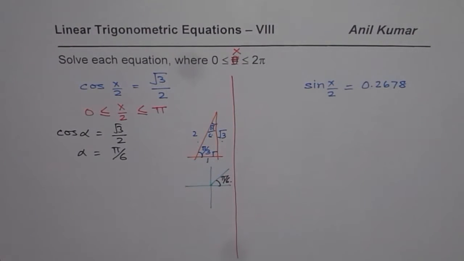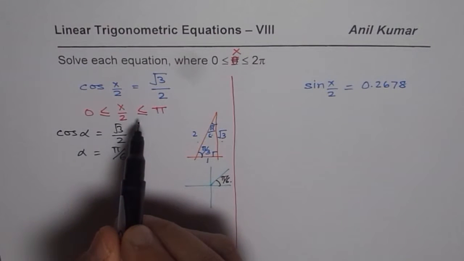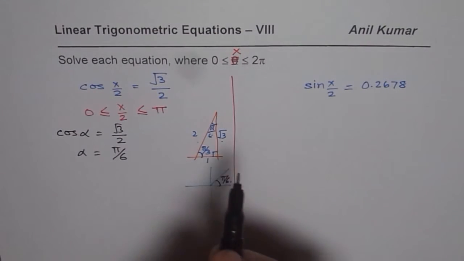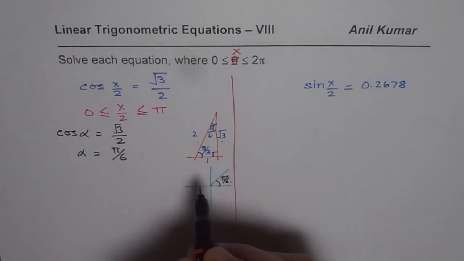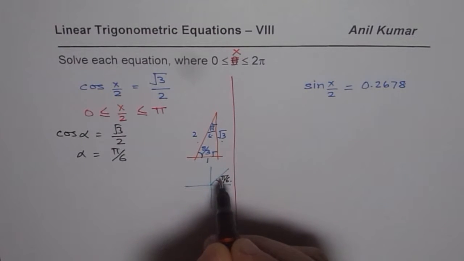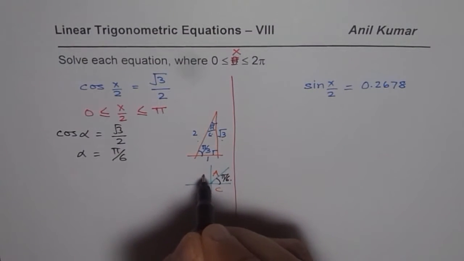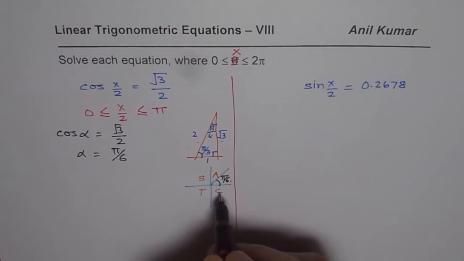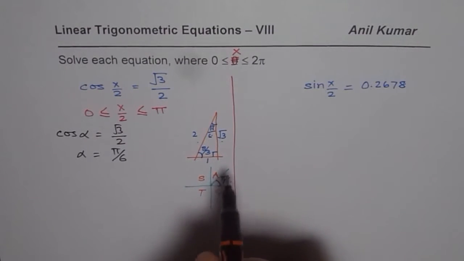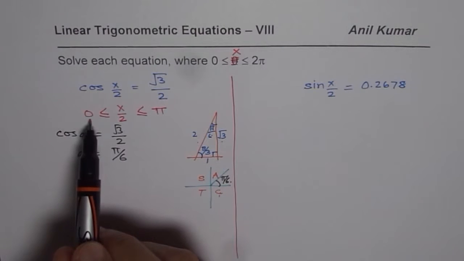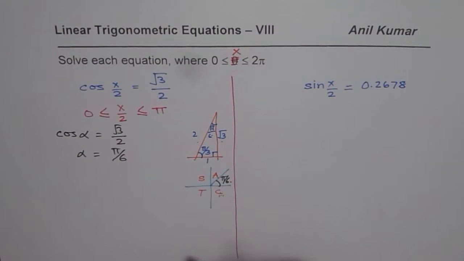Now, we are given the domain of this angle between 0 to 2 pi. Now in 0 to 2 pi, cos is going to be positive only for quadrant 1, right? So if you apply the rule, cos is positive for quadrant 1 and is positive in quadrant 4. Since our domain is restricted to 0 to pi, we cannot consider this value, right?